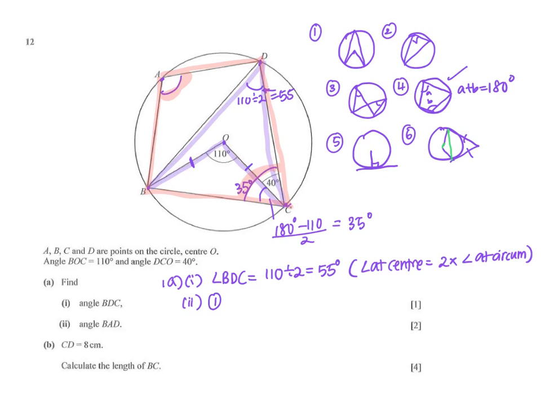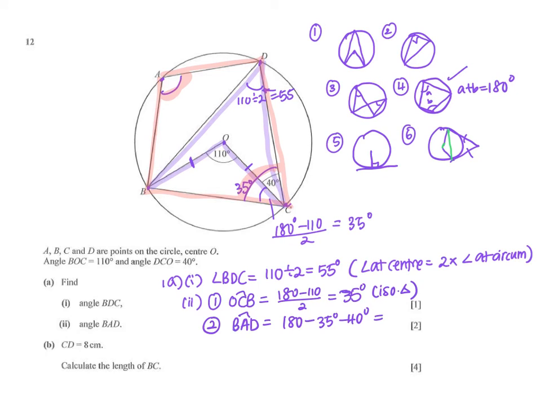We know that angle OCB is 180 minus 110 divided by 2, 35 degrees, because of isosceles triangle. And then I can find BAD to be 180 subtract 35 subtract 40 to give me the answer 105 degrees, and this is because of angles in opposite segments.